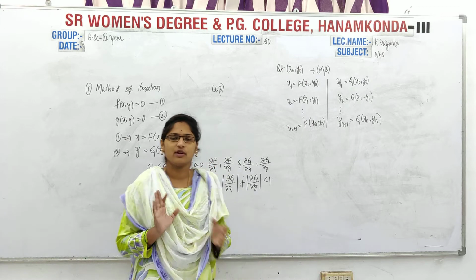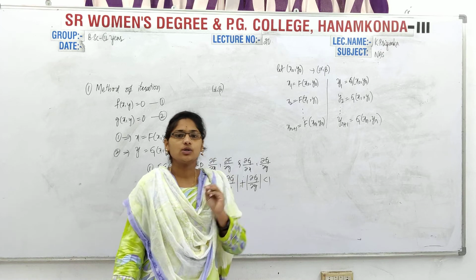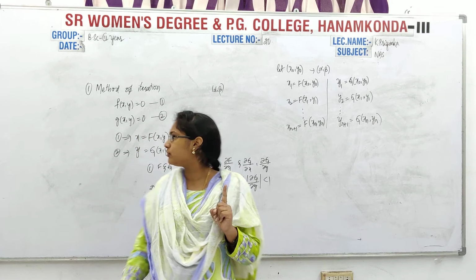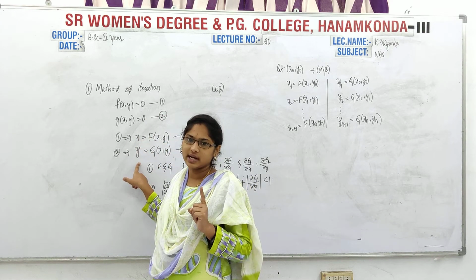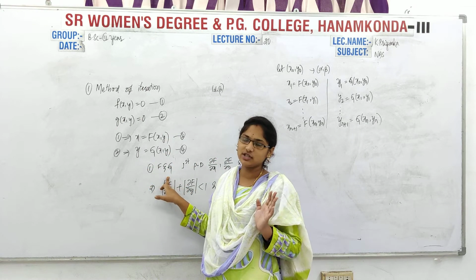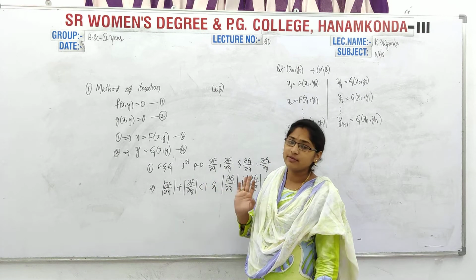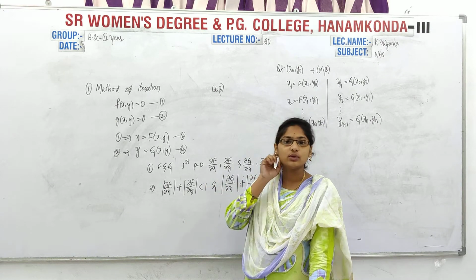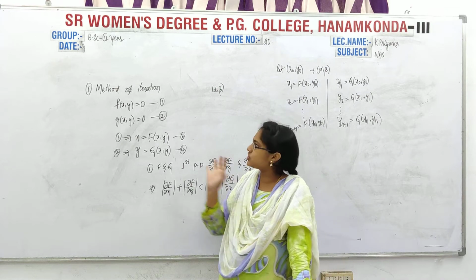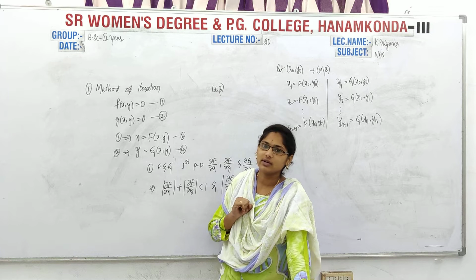Now listen. First of all we have to take the two given equations. From the first equation we find the x value, from the second equation the y value. Next we have to check f, g and the partial derivatives. But before that, we have to know the converging point.